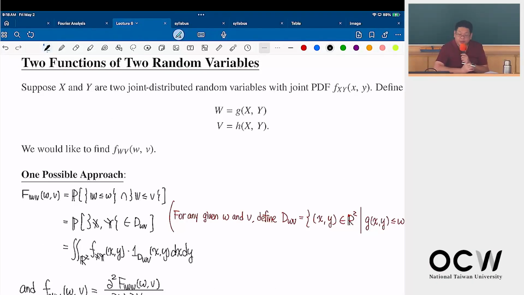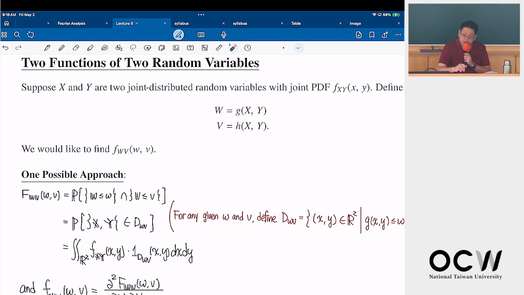That's the typical way that you should think of, because every time we introduce a new random variable and are trying to find the CDF or the PDF, the first thing that pops up in your mind should be to get the CDF and then take the derivative of your CDF to get your PDF.